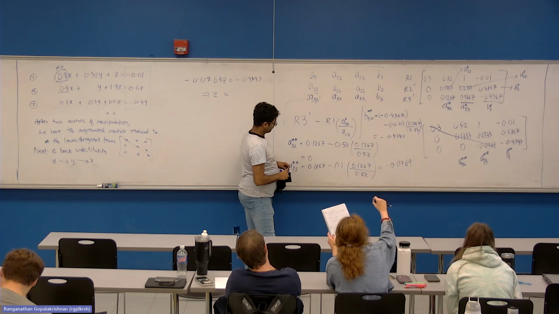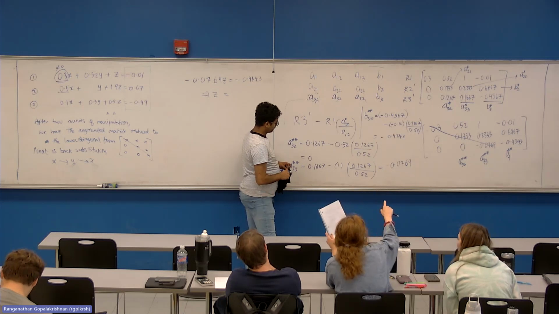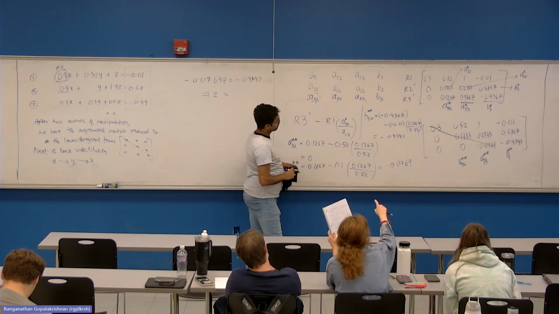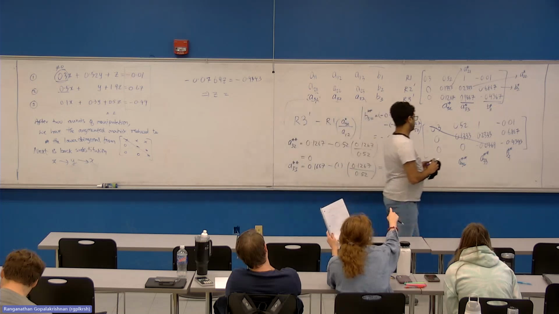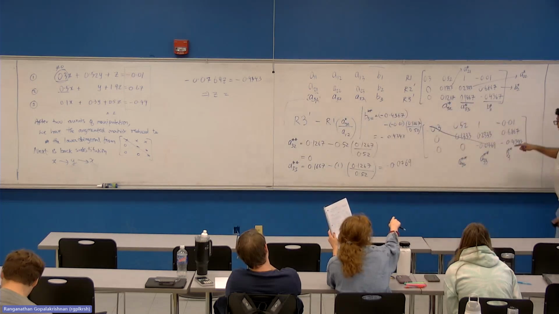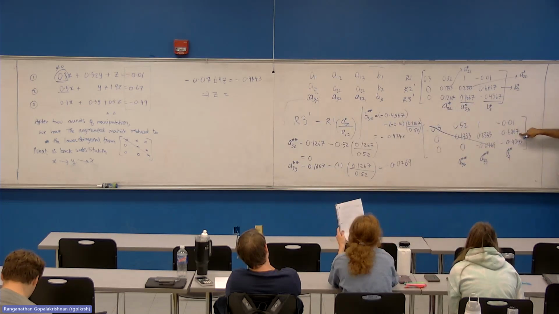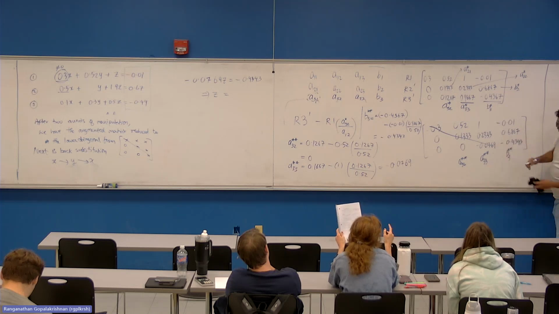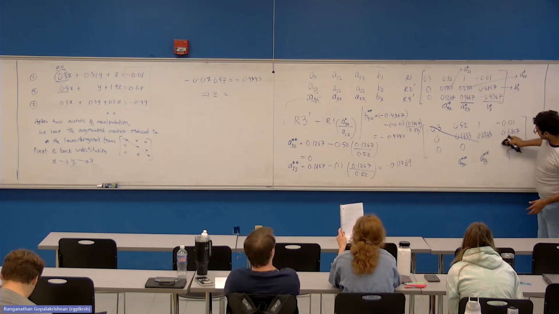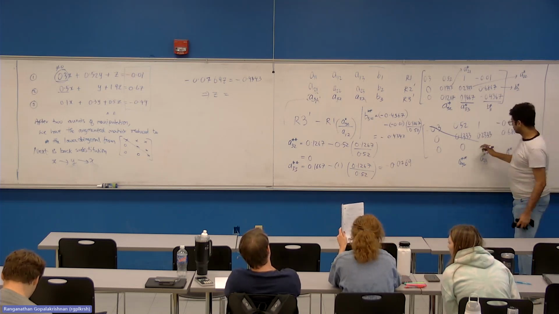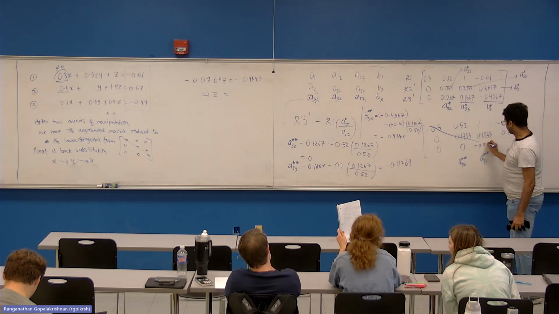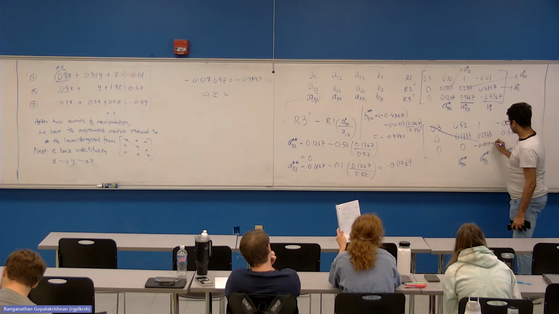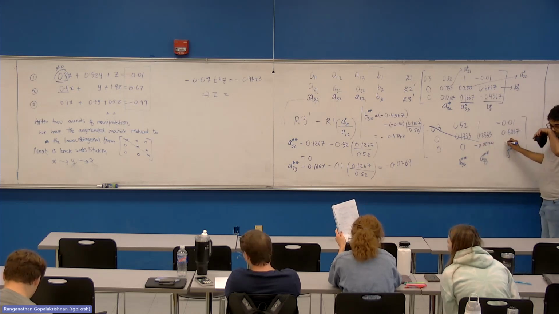And then I got that second spot in A32 star. Wait, one second. Are we both agreeing up to here? Yeah. Okay, what are you getting for this one? That one I got negative 0.00741. And then this value?